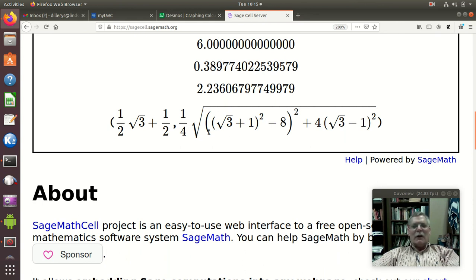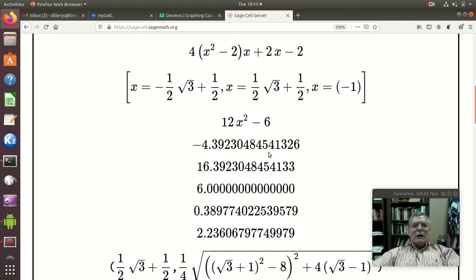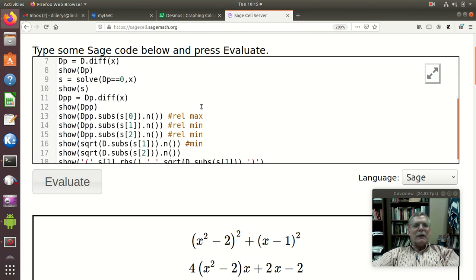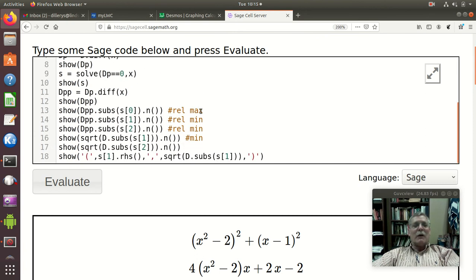We were on our way, but boy, that was a pain. And so this, I can do that problem in Sage, and doing that problem in Sage this way is not a problem.